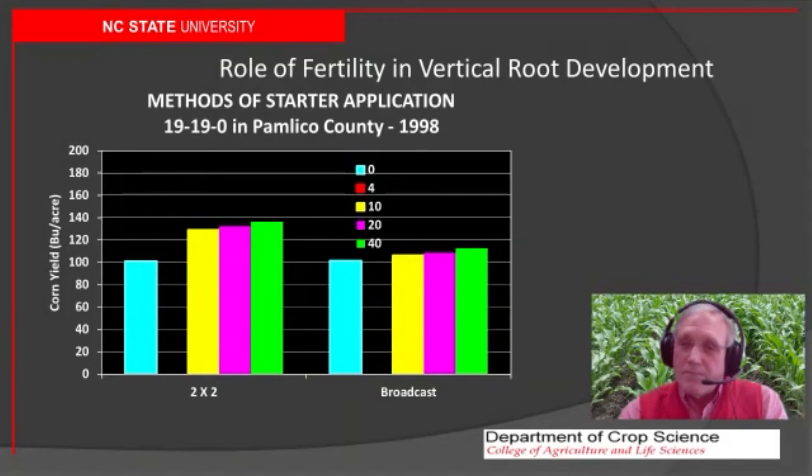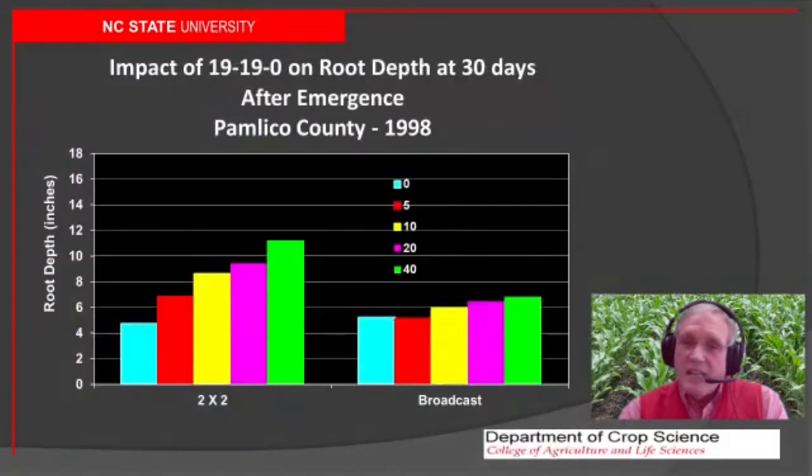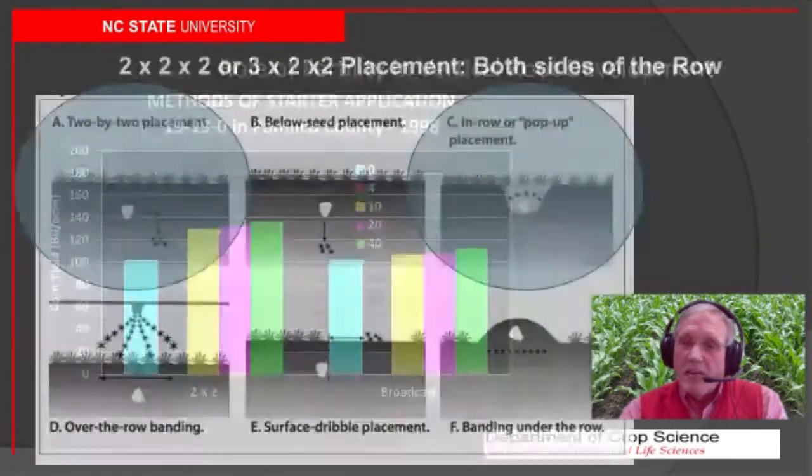But at any rate, you could see the difference in corn yield from those treatments. So indeed, with broadcast, and going back to what we were talking about earlier, over-the-row banding, in my opinion, even at high rates, you're going to see less impact on corn root development and corn yield.